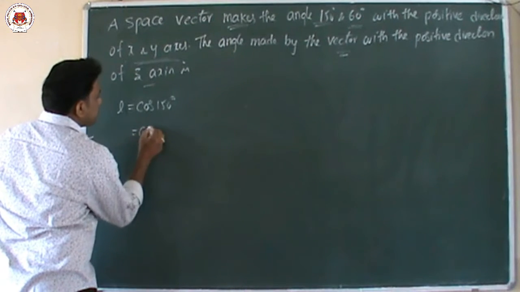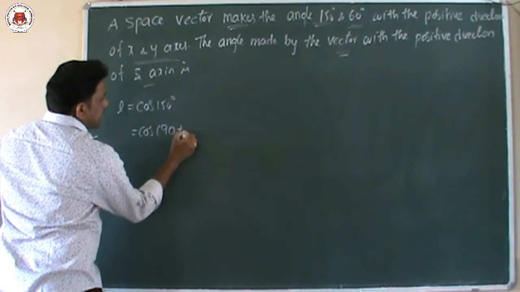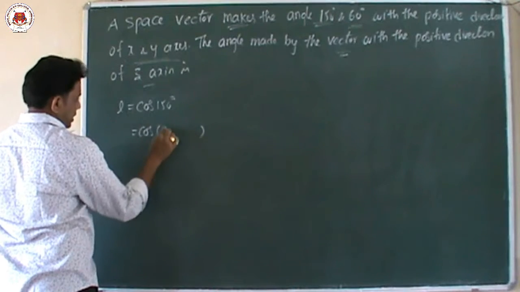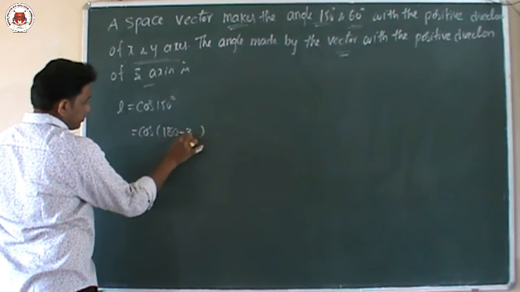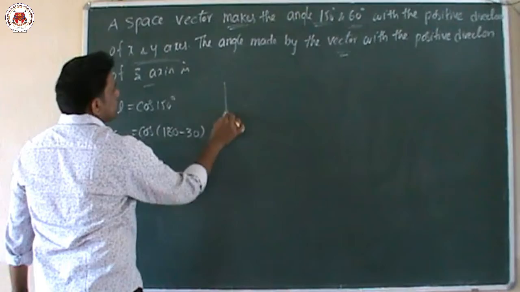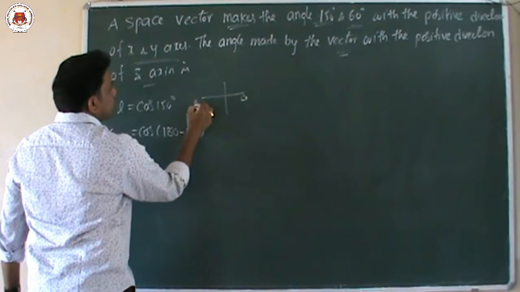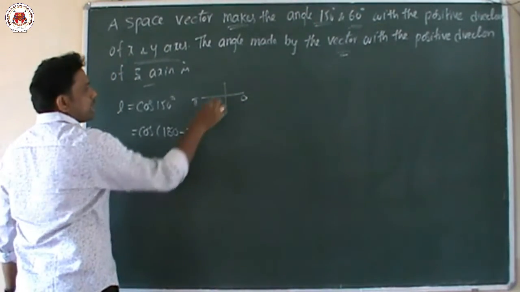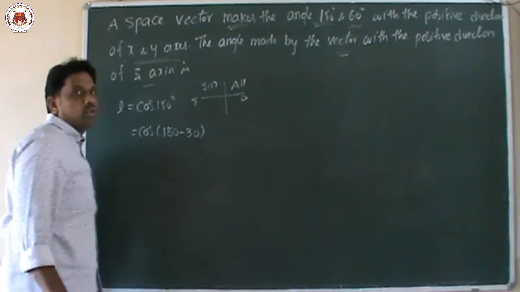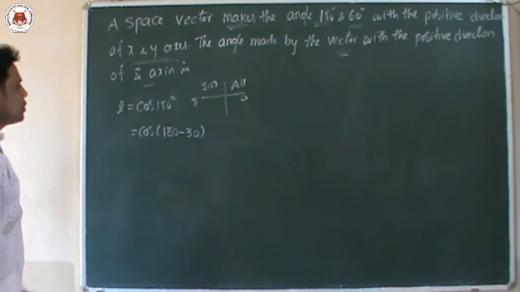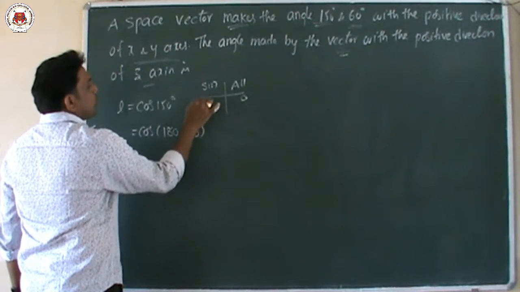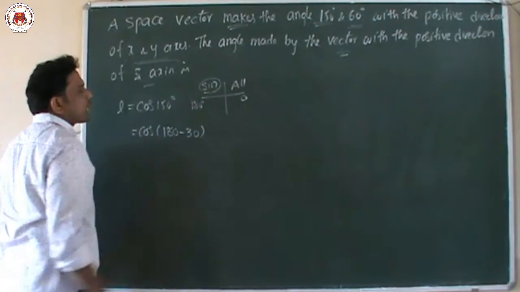So this cos 150 we can write as 90 plus 60. Otherwise, we can write 180 minus 30. Both are also correct answers. So children, 180 minus. In this quadrant, this is 0, this is pi. Pi means 180. This is the first quadrant, all positive; in the second quadrant, only sin is positive. So here 180 minus means it belongs to the second quadrant.